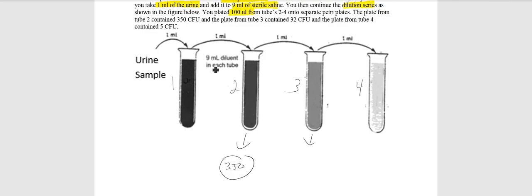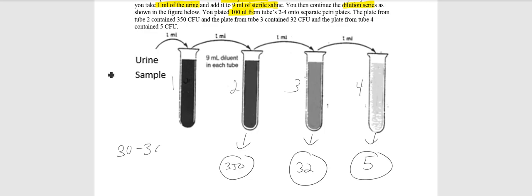When we plated from tube 3, we had 32 colonies. And when we plated from tube 4, we had 5 colonies on the plate. Remember, our magic countable range is between 30 and 300 colonies, which tells us this is going to be the one we want to use our calculations from.